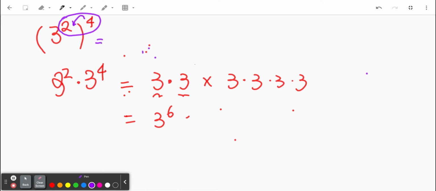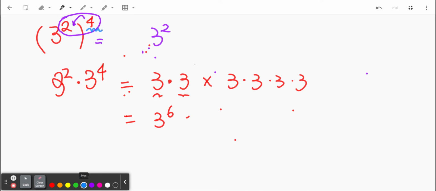Let's treat whatever is in the parentheses as a unit. So 3 to the power 2 is a unit. How many times does 3 to the power 2 have to multiply each other?